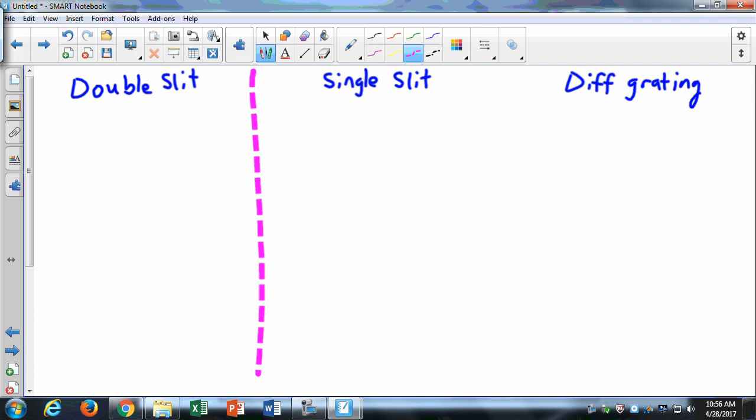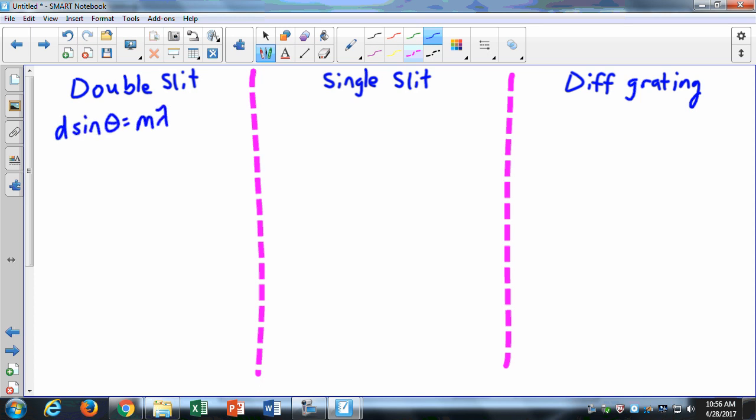So, looking at these, my double slit is governed by this equation. That is d sine theta equals m lambda, for m equals 0, 1, 2, until I end.